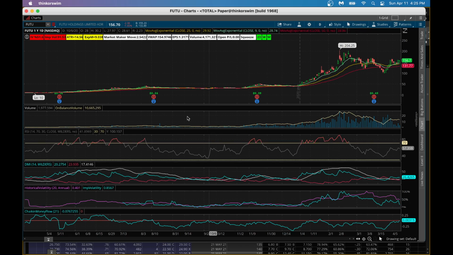Even though IV rank is above 51, by looking at the range here, it's a little bit lower right now. I would like this blue line to go up a little bit, maybe above the historical IV. So that's why I'm not too comfortable selling a put option on Futu Holdings at this point. I would wait for this blue line to go up a little bit and IV to rise a little bit. And from a money flow perspective, as you can see here, it's a nice uptrend.